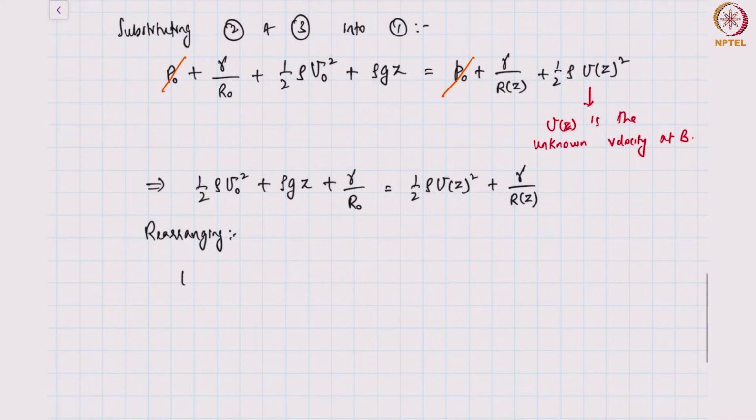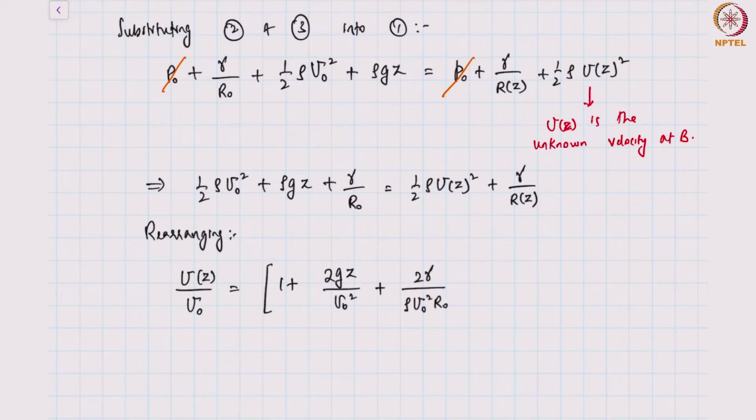I get U of Z by U naught. This is straightforward algebra. I get half 1 plus 2 GZ by U naught square plus 2 gamma by rho U square R naught times 1 minus R naught by R of Z, whole power half.